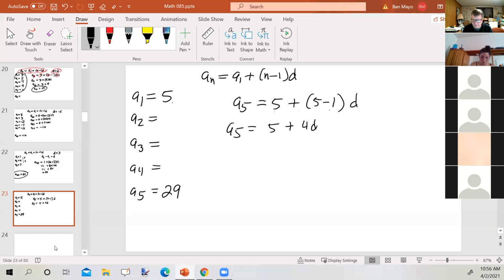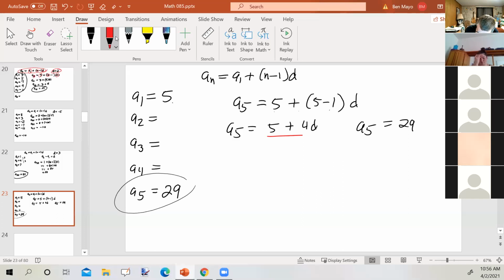Okay. But I also know from this information that a sub 5 equals 29. Well, if a sub 5 equals 5 plus 4d and a sub 5 equals 29, then we could say 5 plus 4d equals 29.